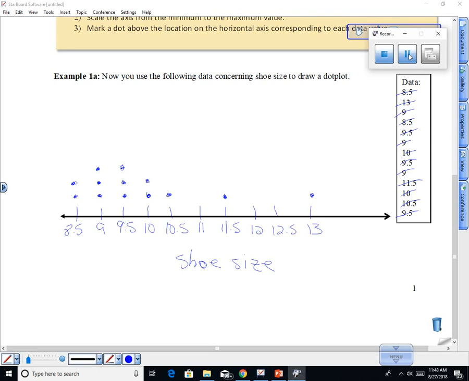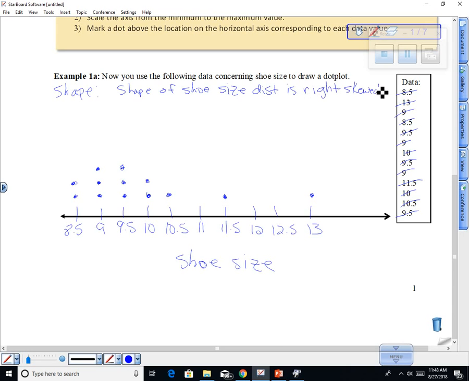So for shape, I'll just do it right here. You can do it wherever in your notes you want, or in the packet where it goes. The shape is going to be, so I'm talking about the shape of shoe sizes, right? The shape of the shoe size distribution is right skewed.